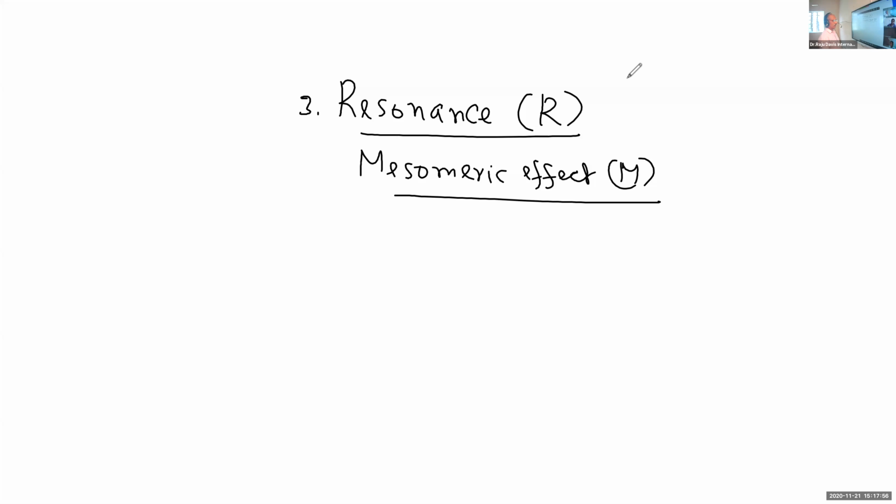In some cases, the properties of certain molecules cannot be explained with the help of a single structure. The properties like bond length, bond energy, etc. cannot be explained with the help of a single structure.